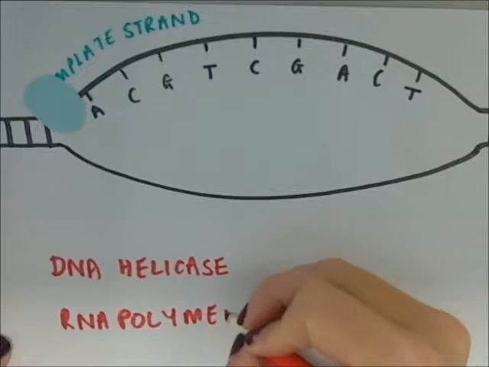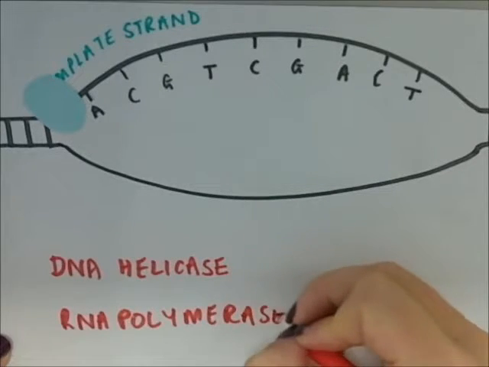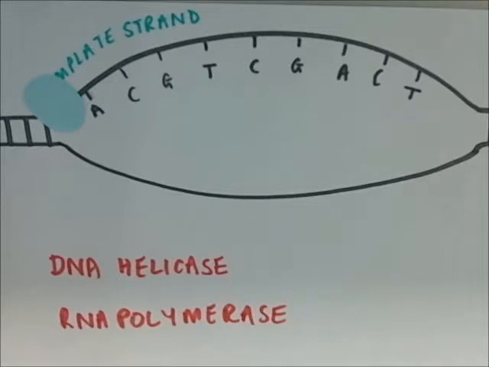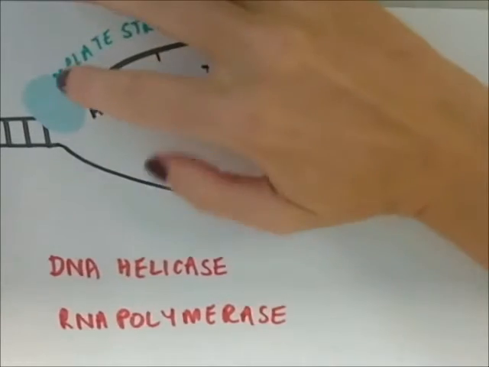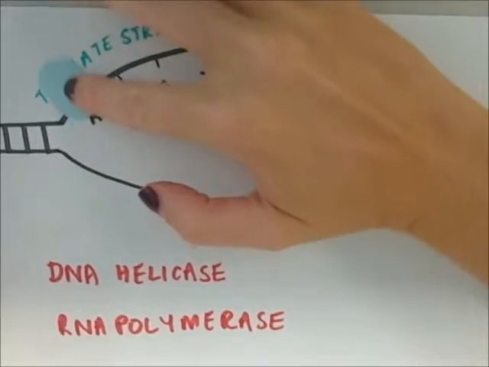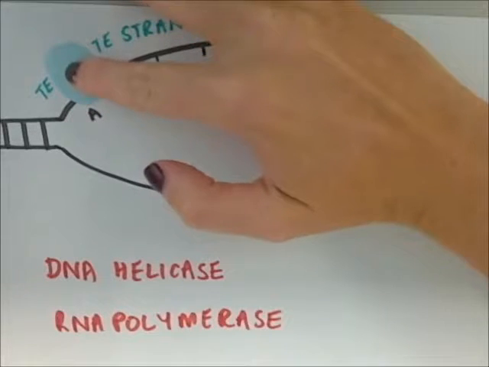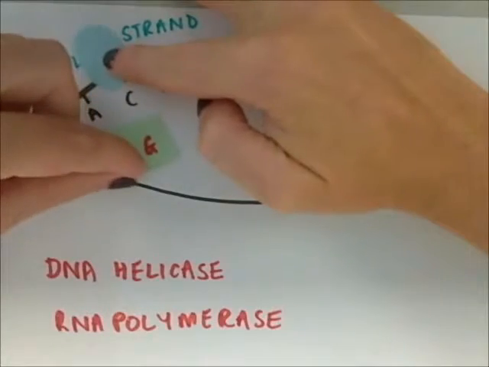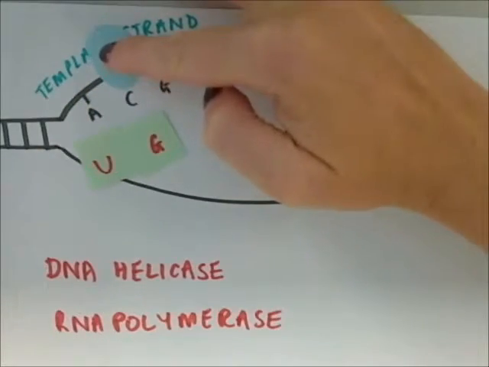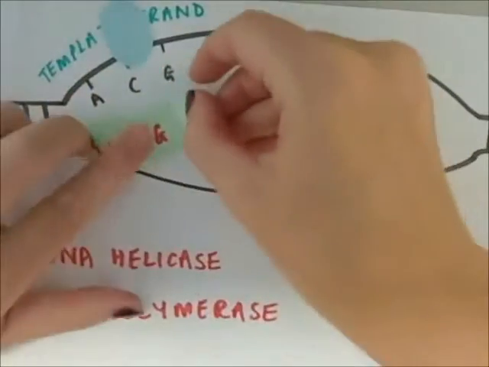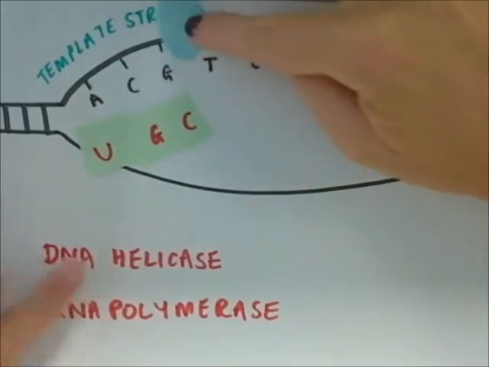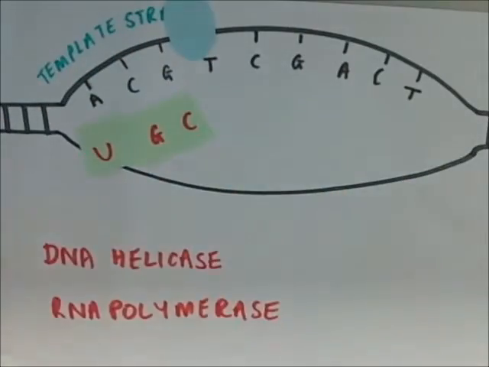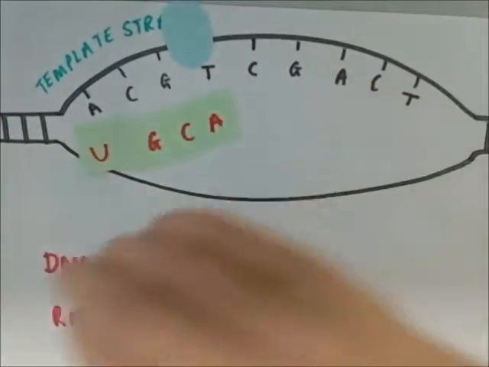Now, as its name suggests, the role of RNA polymerase is to make RNA. And so as it moves along the template strand, it brings in the complementary RNA nucleotides to this DNA code and gradually builds up a RNA molecule.